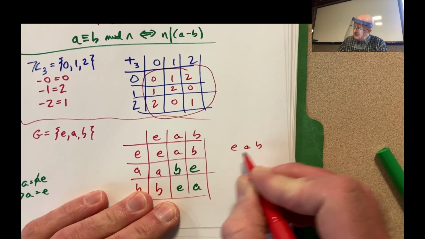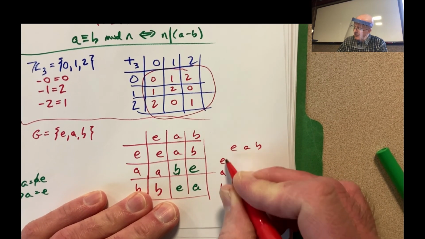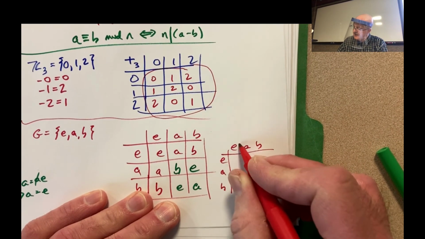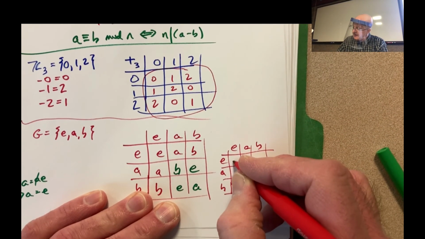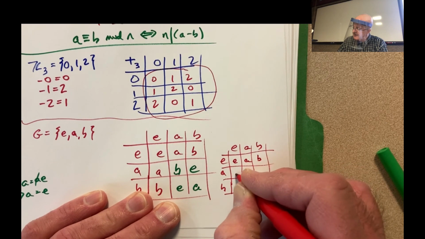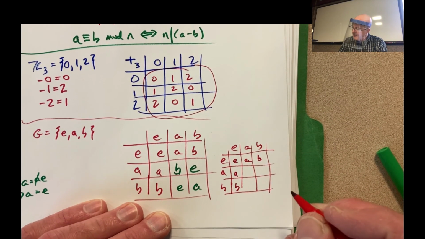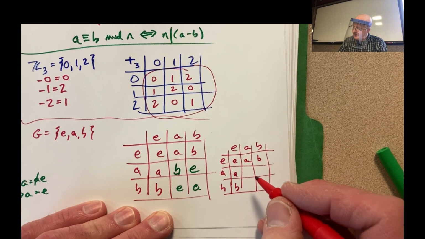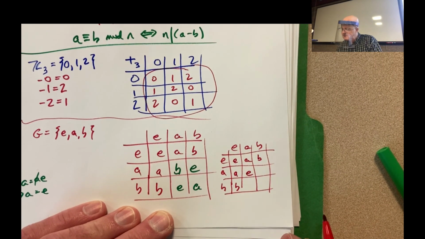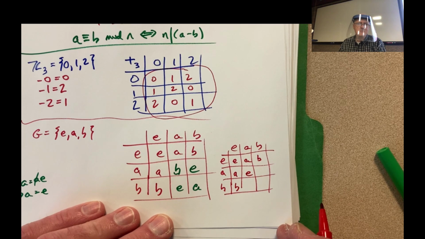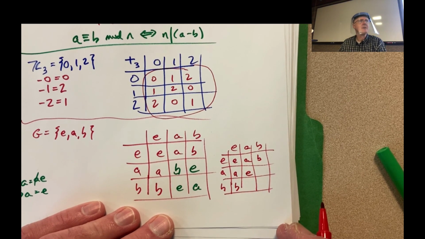E, A, B. So I'm going to make another Cayley table where I need to keep the red ones the same, because I'm taking E to be the identity. What would happen if I put an E here? Would I be in trouble? Then A would be its own inverse.